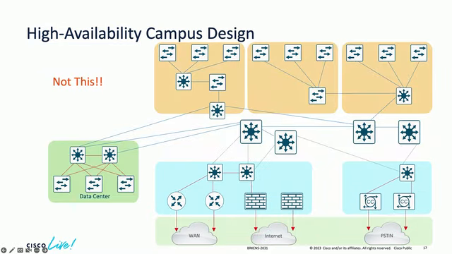So how many of you have a network, or at least used to have a network, that looks like that? Can you raise your hand? OK, there are a couple of people. Yes, so this is the typical example of a network which grows organically. You start small. You start with just a distribution block with a couple of access switches. And then you keep adding.